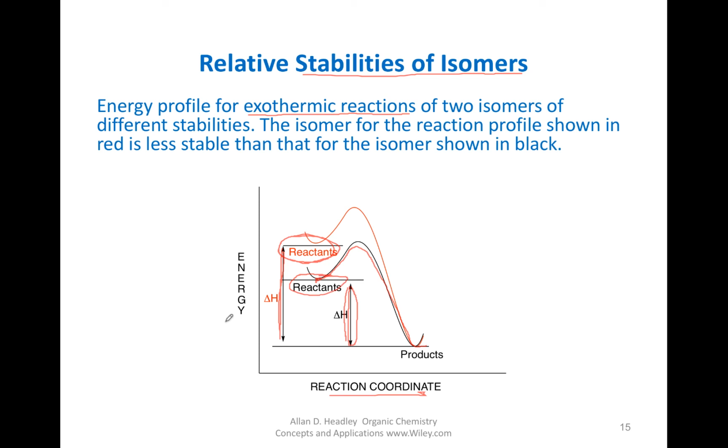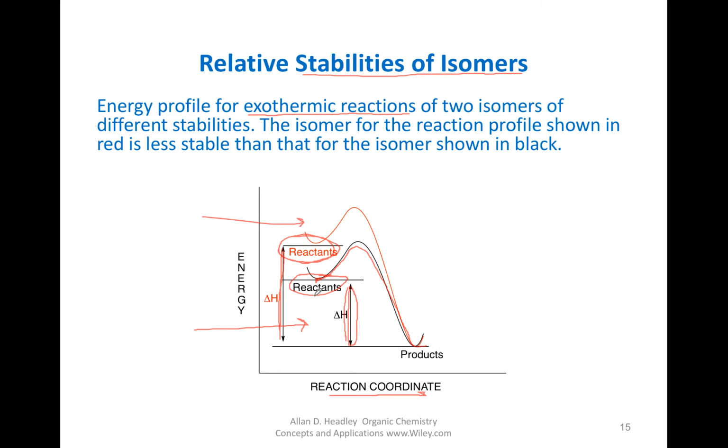Why? Because we have defined already that anything located in this region of the energy profile is stable, and anything in the upper region, or relatively speaking above, is less stable. So that's the concept that we're looking at here.